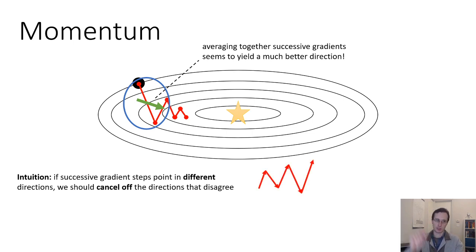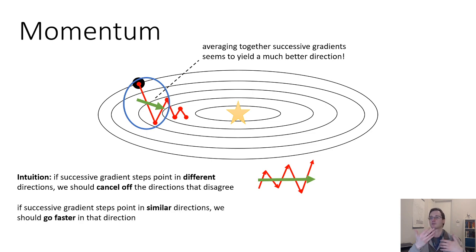So if we see this kind of oscillation business, if we average those out, we'll just get the direction of improvement towards the optimum. On the other hand, if successive gradient steps point in similar directions, we should go faster in that direction. So if we get something like this, where it's roughly going in the same direction, averaging those together would give us a much longer arrow in the right direction.